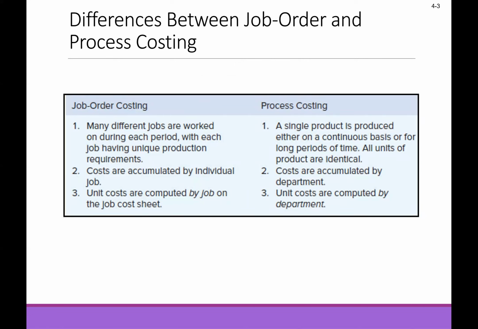In this new costing method we're going to talk about, here it's when a single product is continually produced on a continual basis or over a long period of time, and they're identical products, like milk, like gasoline, oil.